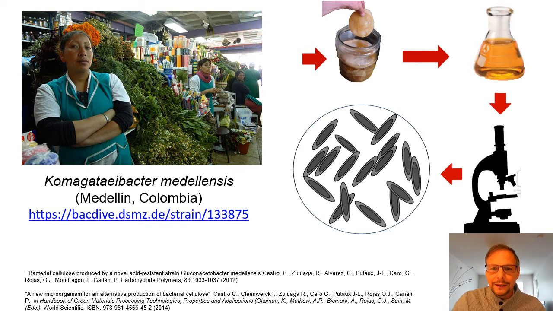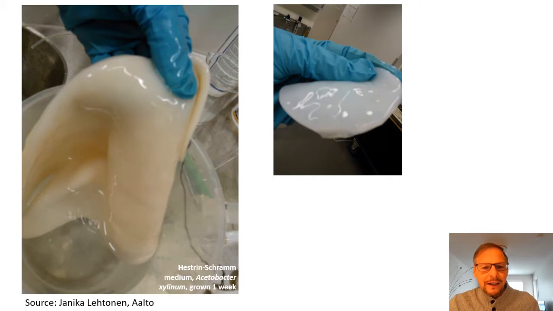So this is an example from my student, in this case in Finland, who is handling one of these pellicles. As you can visualize here, it is actually quite strong. The cellulose that is produced by the bacteria makes a network that holds a lot of water, and even if it is mainly water, what you see there still keeps mechanical integrity.